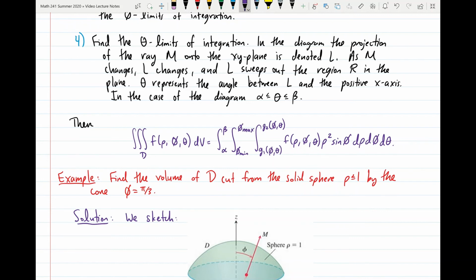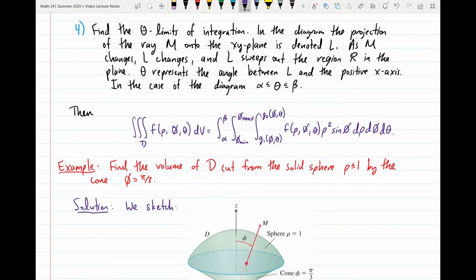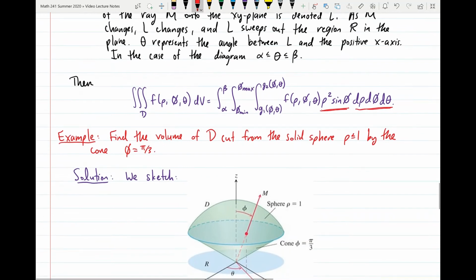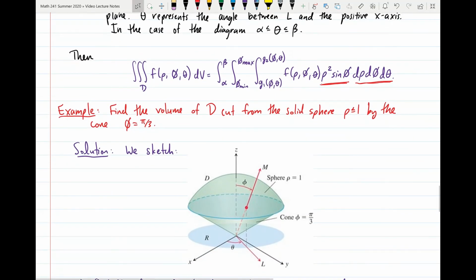So these are functions giving values of rho, of f of rho, phi, theta. And then again, we have to make sure we add in this times rho squared times sine phi, d rho, d phi, d theta. So that's the way to represent your triple integral as an iterated integral in spherical coordinates.